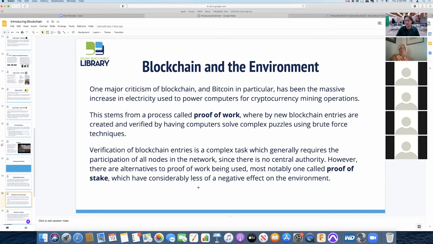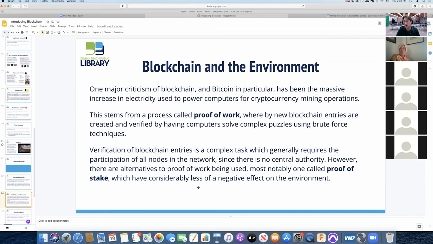So it's basically a contest of the biggest computer wins, and then gets the mined Bitcoin, which can be a lucrative operation. And so that's why many companies, many of them were based in China until very recently, developed these huge warehouses of giant servers.